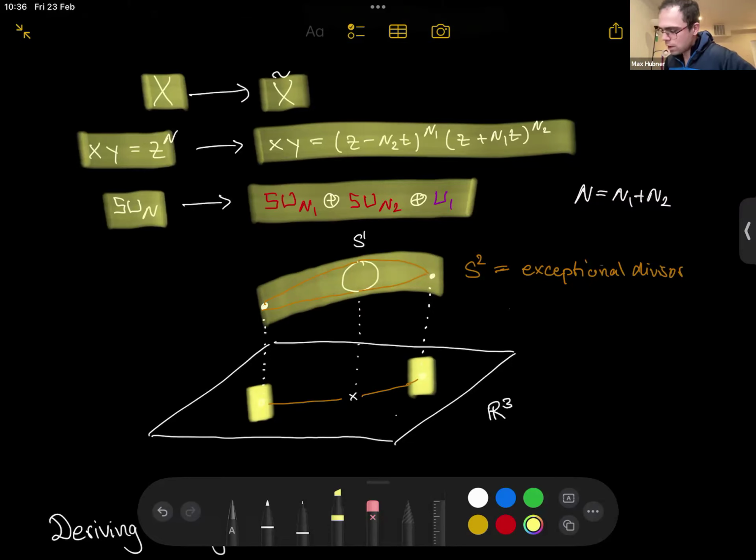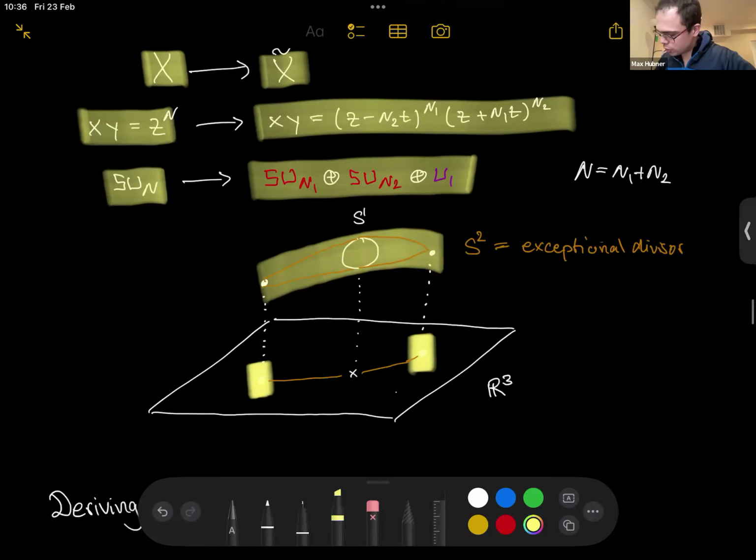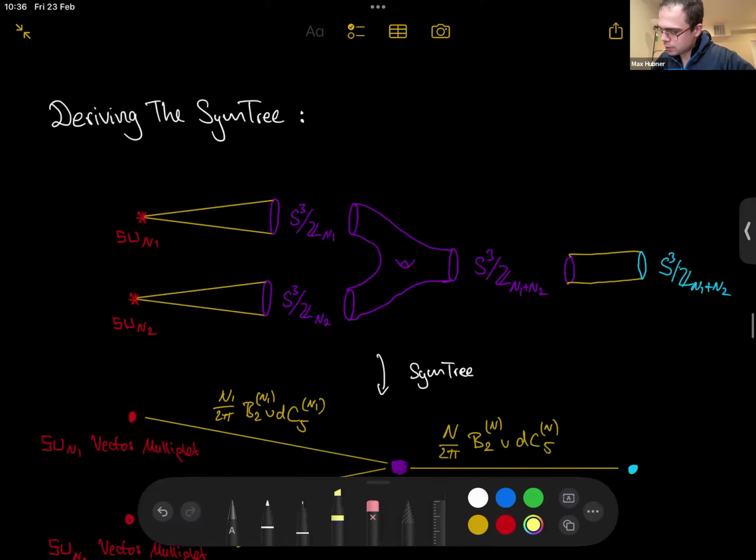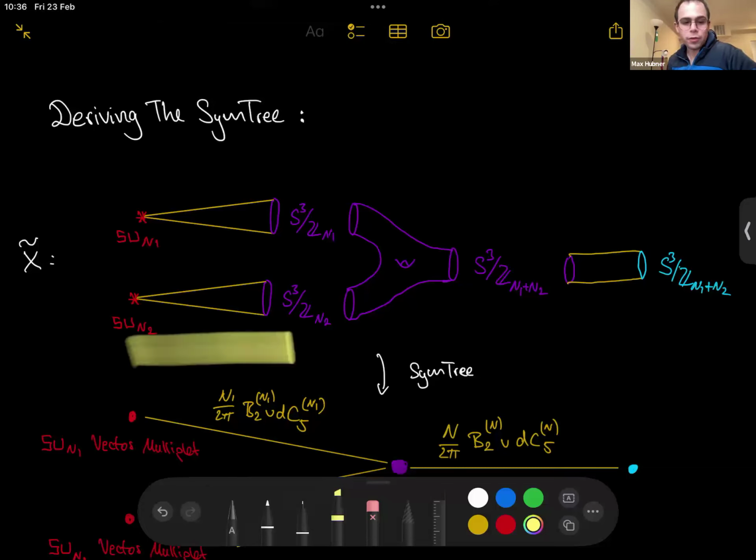Okay. Now, given this geometry, I want to derive the symmetry. And so this is how I'm going to decompose X tilde. I'm going to first consider locally, on the left-hand side, the neighborhoods of the two ADE singularities of rank n1 minus 1 and n2 minus 1.